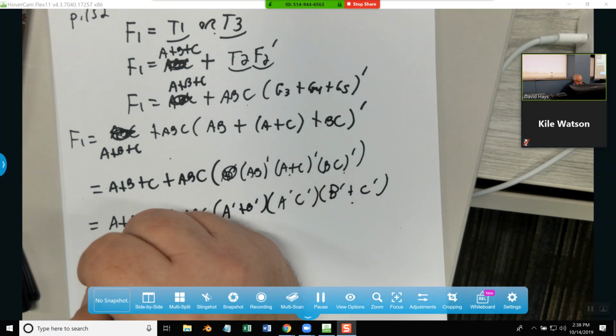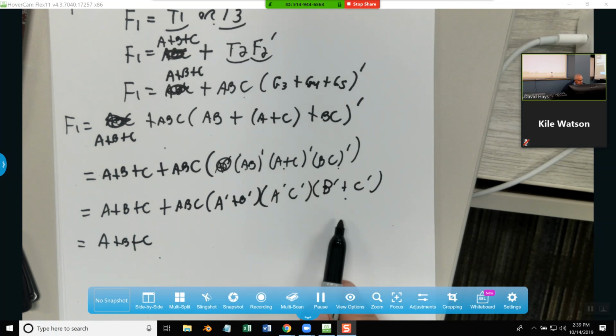Okay, then these. A prime, C prime, B prime would be A prime, B prime, C prime. A prime, C prime times C prime would be A, C prime, C prime.